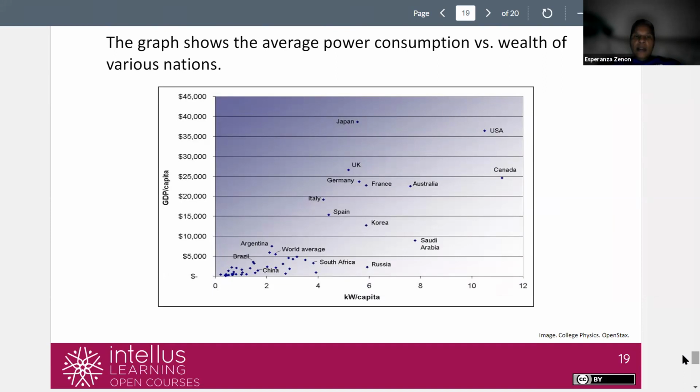So this idea is looking at various nations in the world and their power consumption compared to their wealth. So they're looking at GDP. That's an economic term that tells you something about the gross domestic product of a country, and then kilowatts per capita, right?